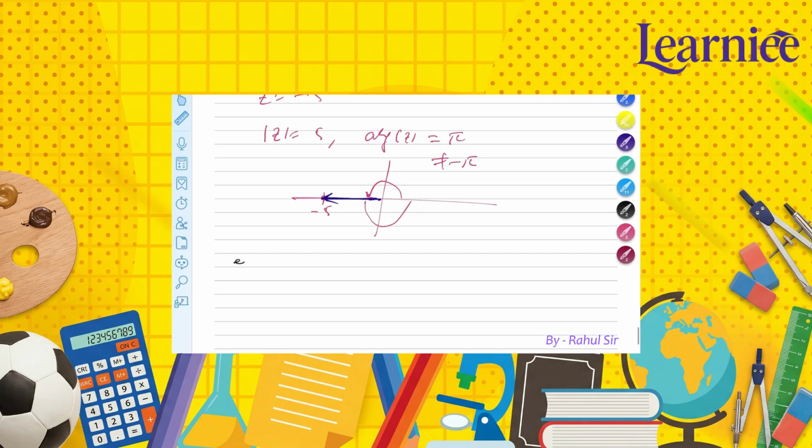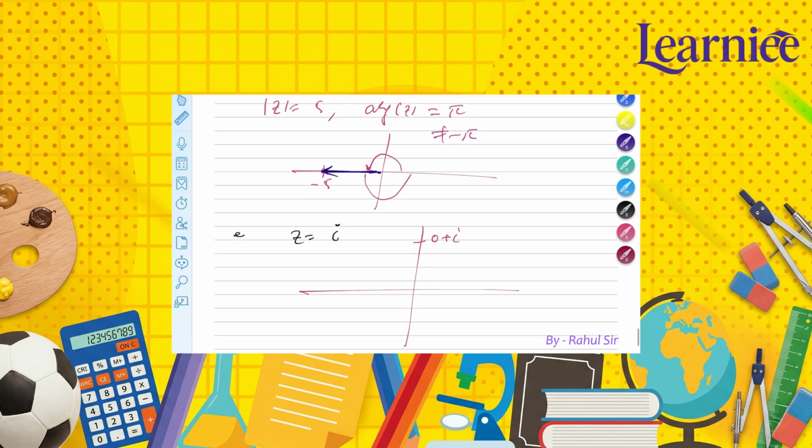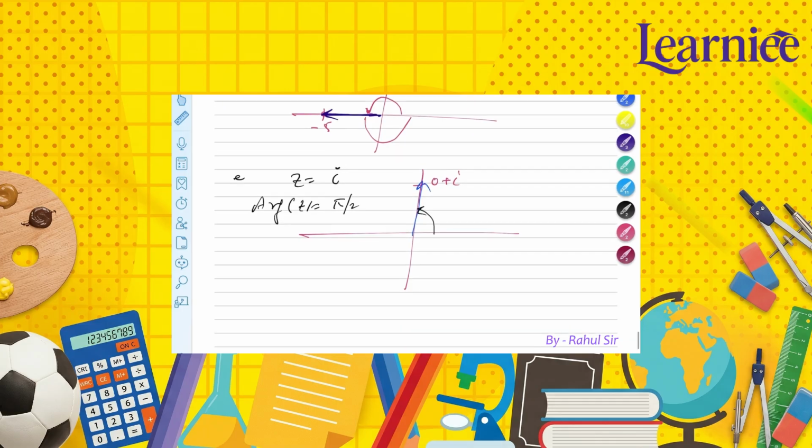Similarly, let's say z is equal to i, so basically we have 0 plus i, and this complex number i is represented like this, and its direction is like this. So the principal argument of z is pi by 2.